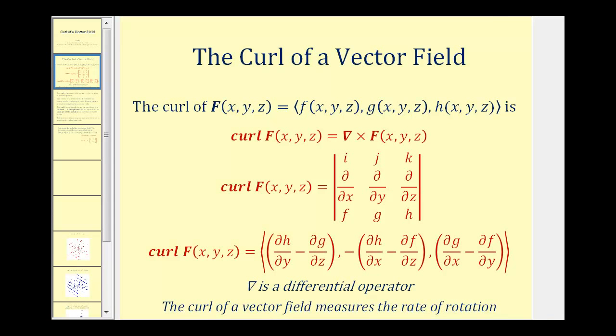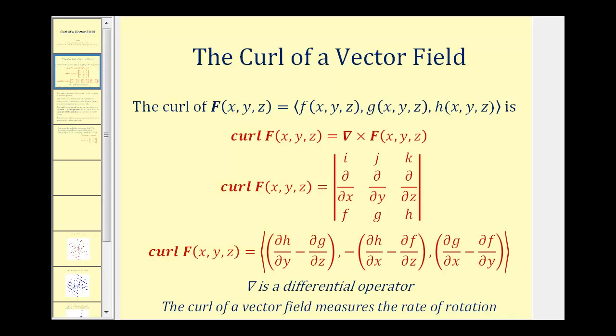The curl of the vector field f is equal to the cross product of the differential operator, which you can think of as a partial derivative operator, and the vector field f. We can determine this cross product by evaluating the 3x3 determinant, where the first row would be i, j, k. The second row would be from this differential operator, where we have the partial derivatives with respect to x, y, and z.